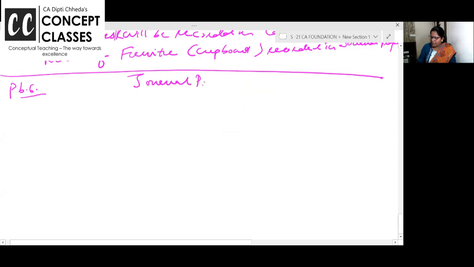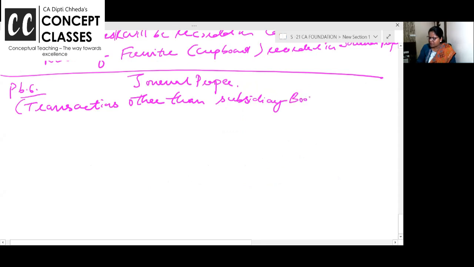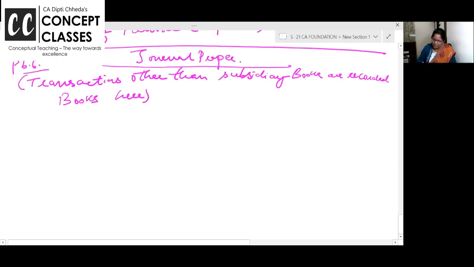Journal proper, I am repeating. Journal proper के लिए आपको लिख दो यहाँ पे: transactions other than subsidiary books are recorded here. सब्सिडरी बुक्स में नहीं रिकॉर्ड करते हैं वो सब ट्रांजैक्शंस आप कहां रिकॉर्ड करोगे? जर्नल प्रॉपर.